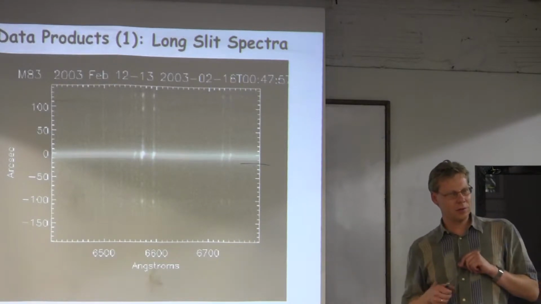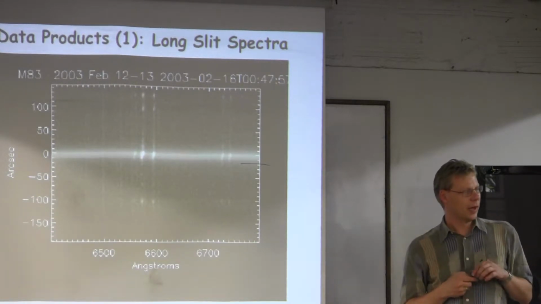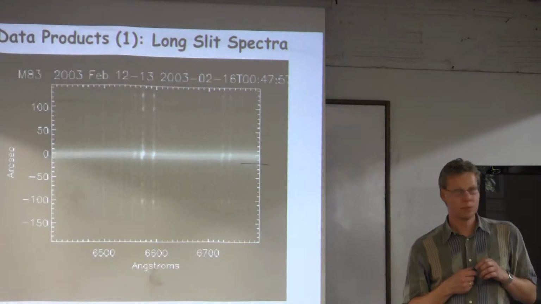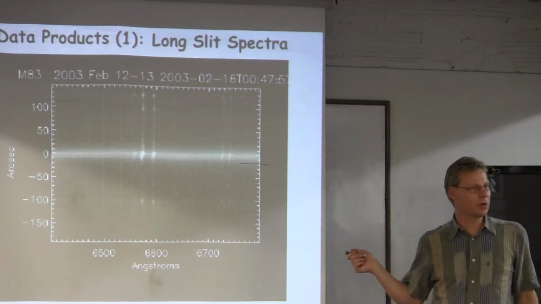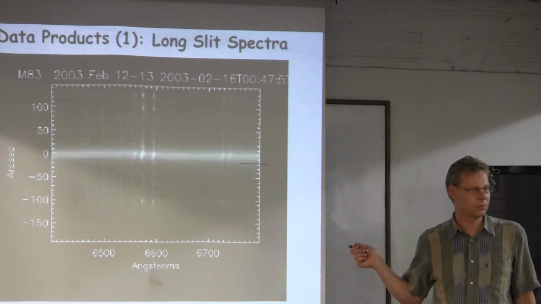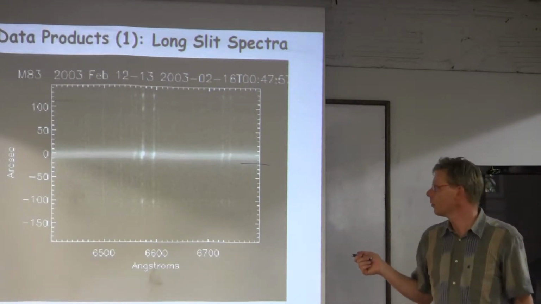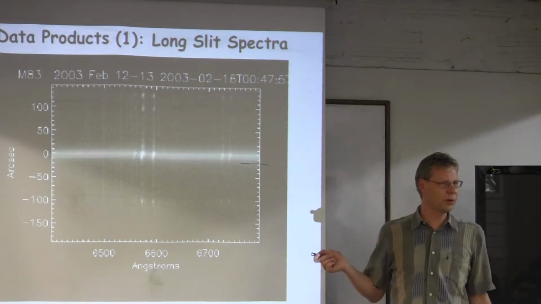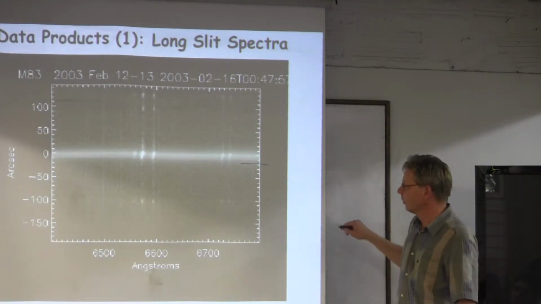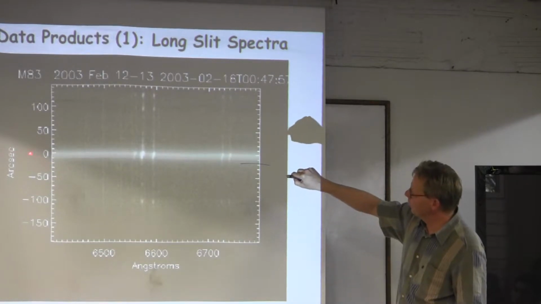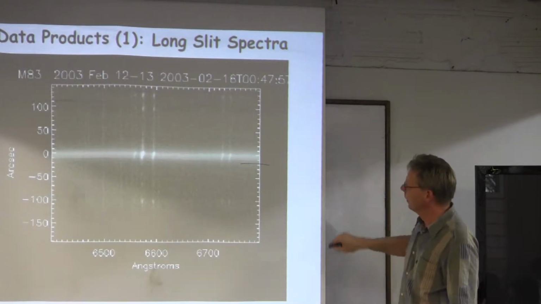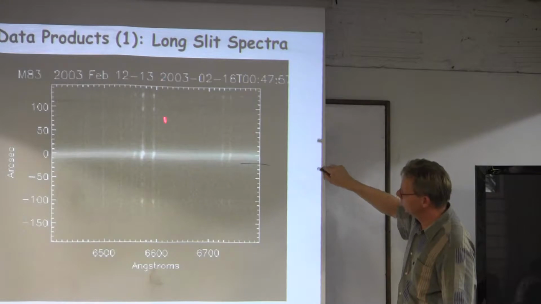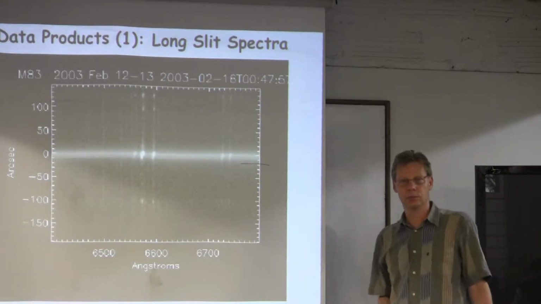So if you think about this with a slit, in what direction here would be my slit? Okay, so there are only two possibilities, right? One possibility is that the slit would be oriented this way, and one possibility would be that the slit is oriented this way.